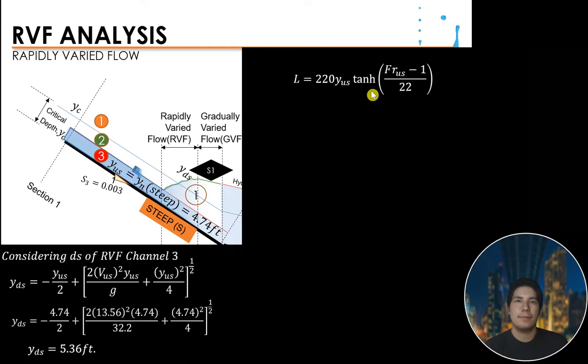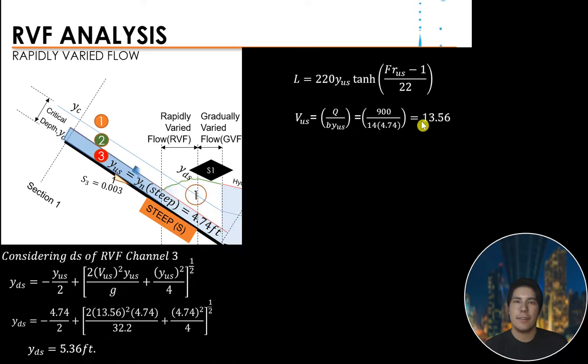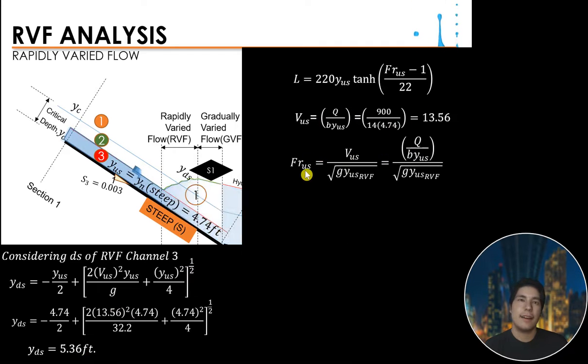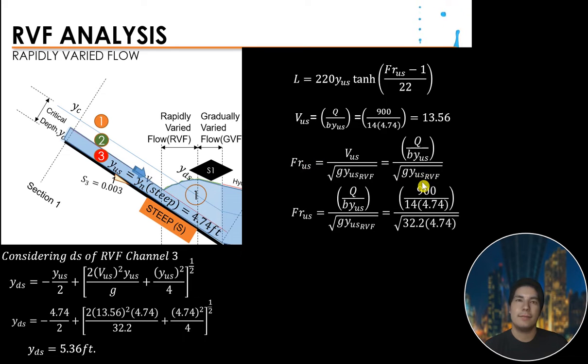Now, you can compute for the length of the RVF using this formula. You compute for VUS, which is 13.56. And then the Froude number. We have this formula, and we just need to substitute all the givens here.